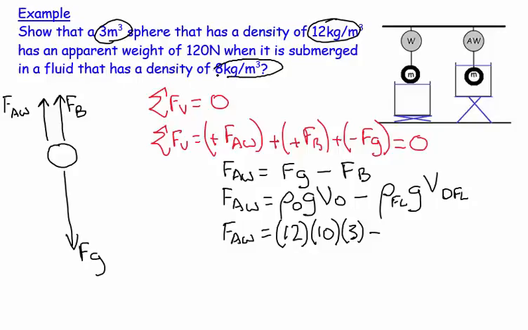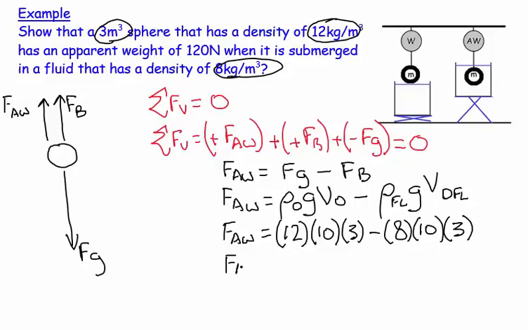The density of the fluid is 8. And g is 10. And so this is the conceptual bit. The volume of the displaced fluid when it's completely submerged is the same as the volume of the object that is submerged. So that would also be 3.